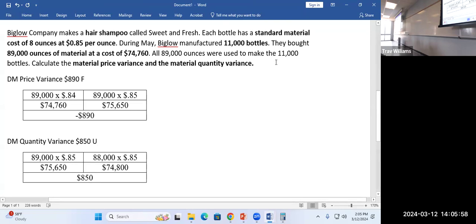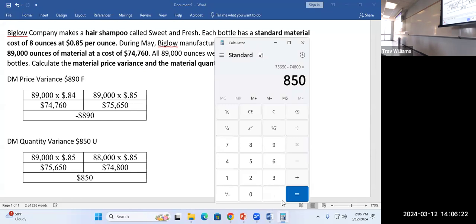Okay, so we have completed that process, but let's take it a step further. If we wanted to know our total cost variance for materials, what would it be? $40 favorable, yes. So again, you can look at it a couple different ways. You could just say price variance, which was negative 890.